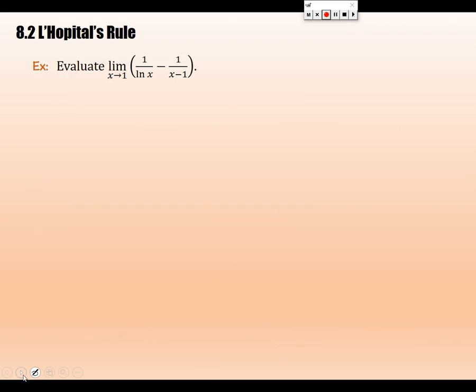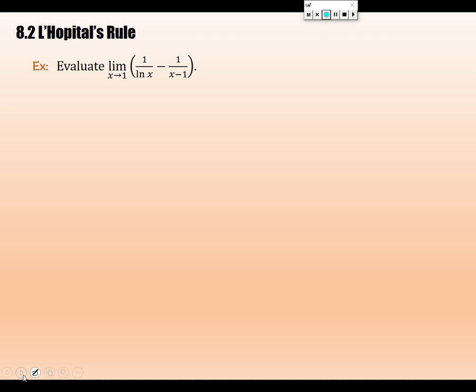All right, let's look at which form this is now. Infinity minus infinity. Yeah, infinity minus infinity, right? This one's maybe more obvious over here: for 1 over x minus 1, which is just 1 over x shifted to the right by 1, we have a vertical asymptote there, that is infinity.